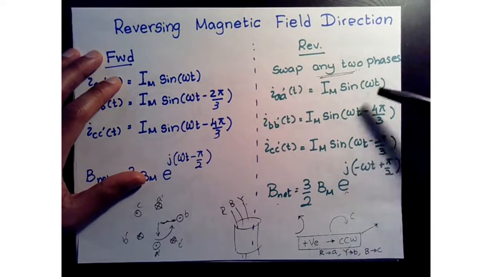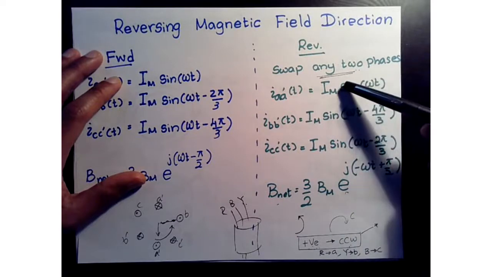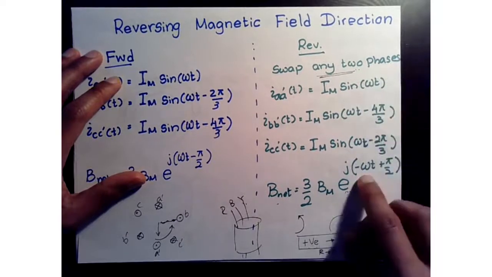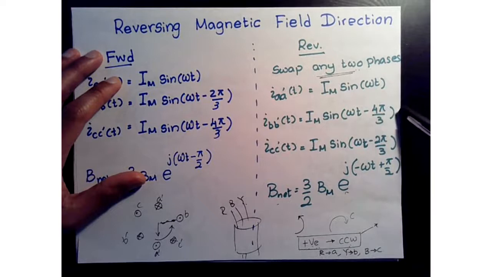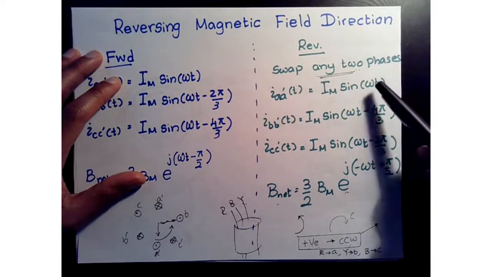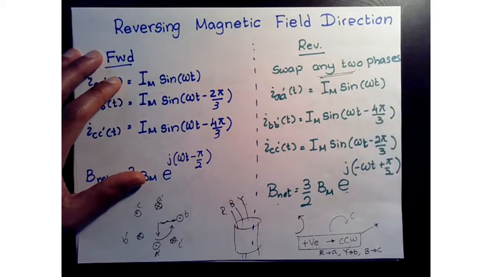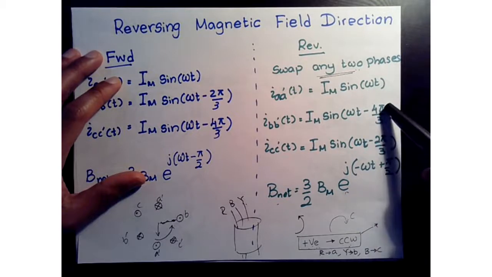Again, if you swap two more phases, let's say we swap this one with this one, again the sign will change. It'll become a positive sign. This is the primary idea behind changing the direction of a motor if you want to go in the reverse direction.